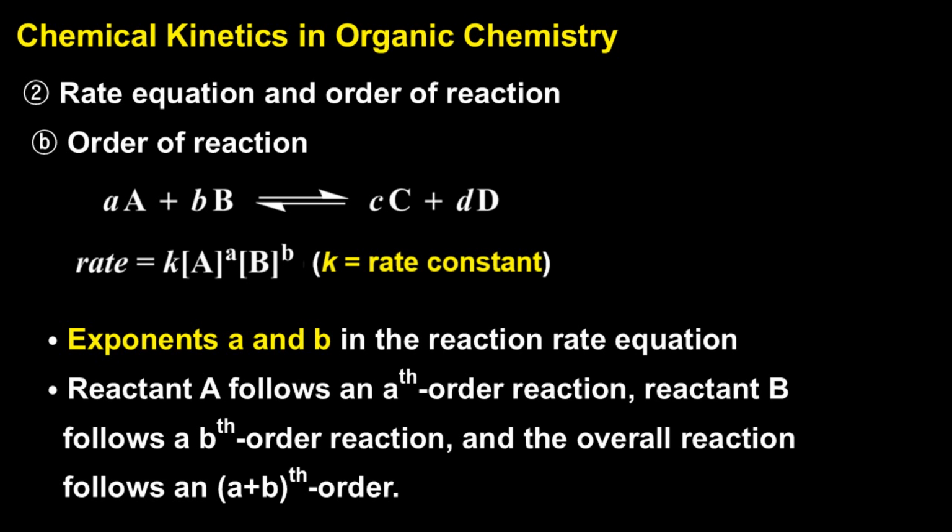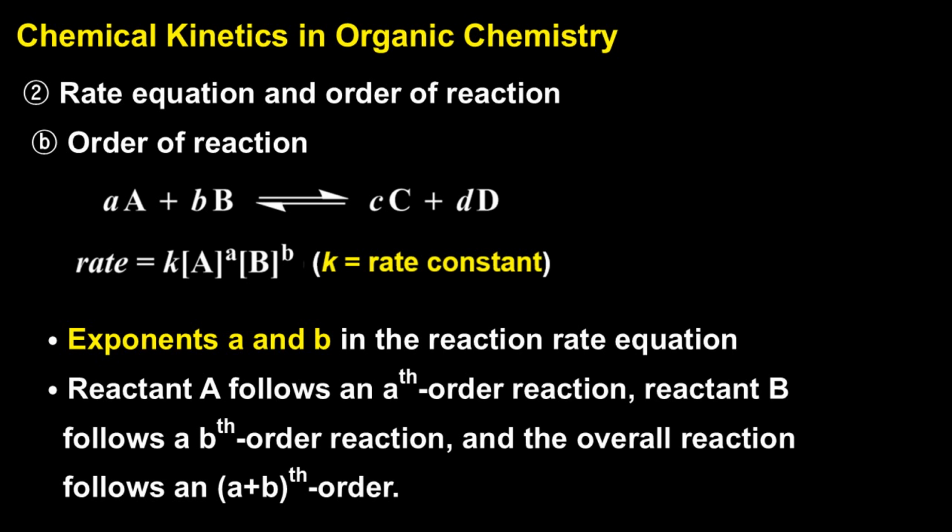Now that we understand the rate equation, let's take a closer look at one really important idea, reaction order. Reaction order tells us how sensitive the reaction rate is to changes in reactant concentration. But this relationship isn't always straightforward. Different reactions respond to concentration changes in different ways, and reaction order helps us make sense of those differences. In the rate equation, the exponents a and b represent the reaction order for each reactant.